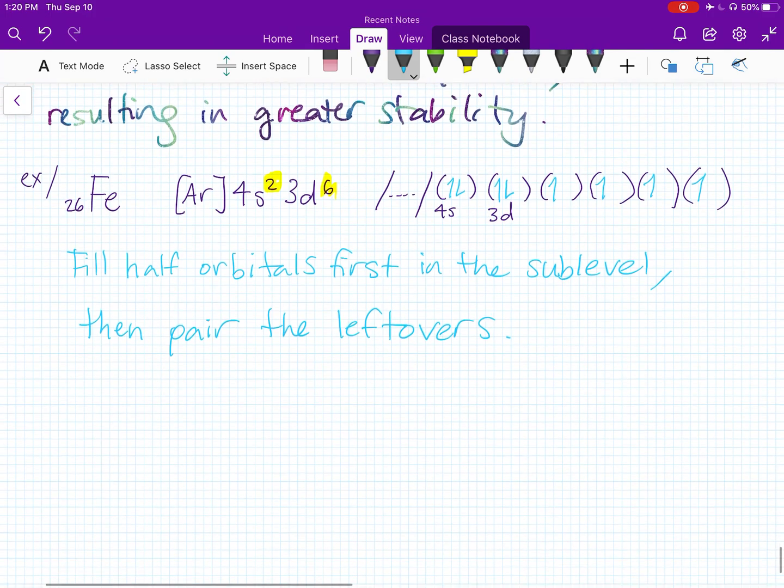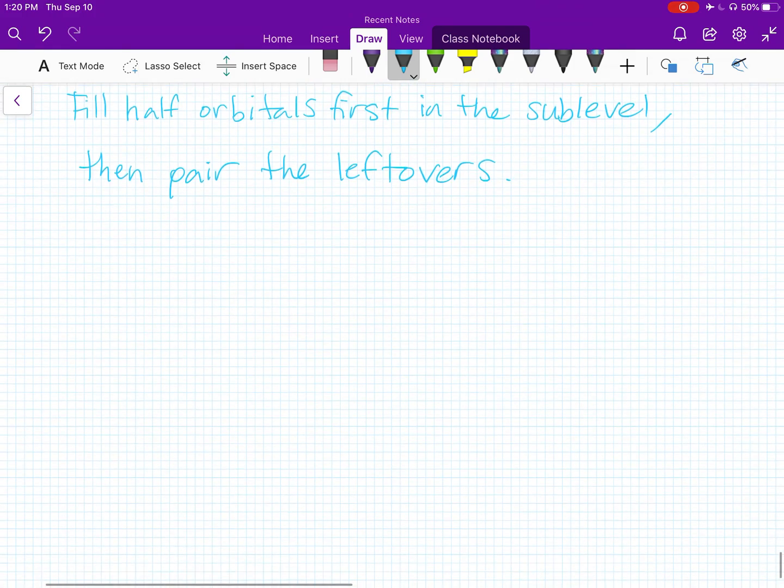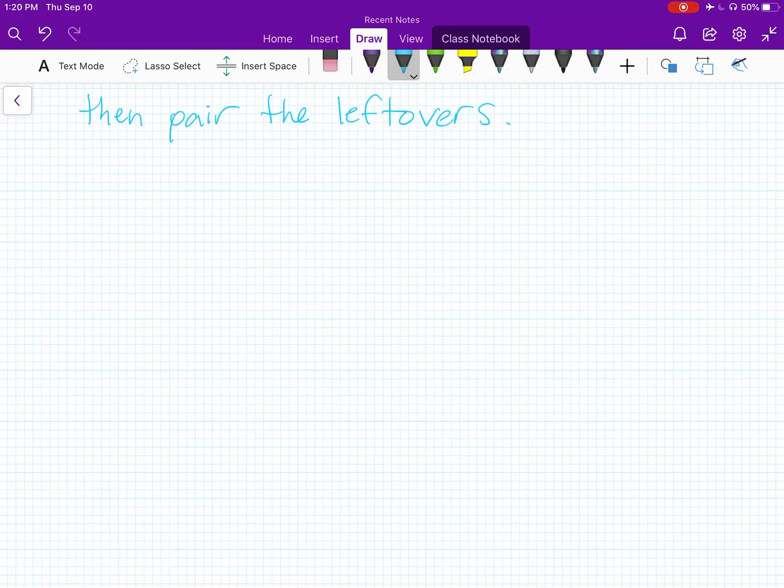So Hund's rule explains some unusual electron configurations. Let's look at chromium, 24. The electron configuration for chromium is argon followed by 4s1, 3d5.